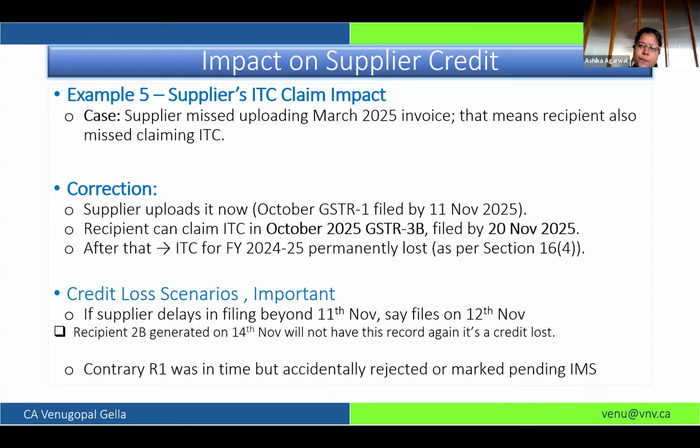So if your recipient holds back the tax component because they lost the ITC due to your non-reporting, it doesn't mean you can avoid the taxes. Being a supplier, being a provider of service or giver of goods, you are still liable to pay tax.